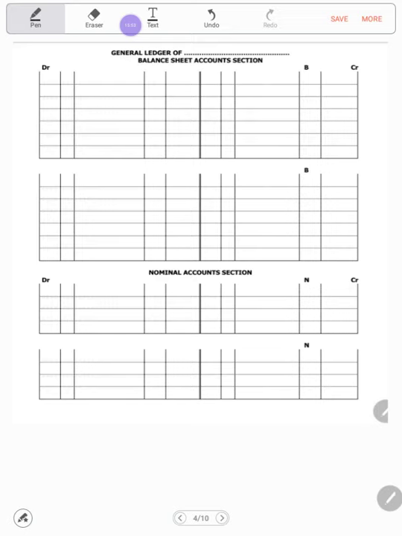Your nominal account section consists of your incomes and your expenses. Yes, we did have assets and we did have liabilities. The two accounts that we've identified were our income receivable and our income that has been received in advance. So that's the first one I'm doing, income received in advance.